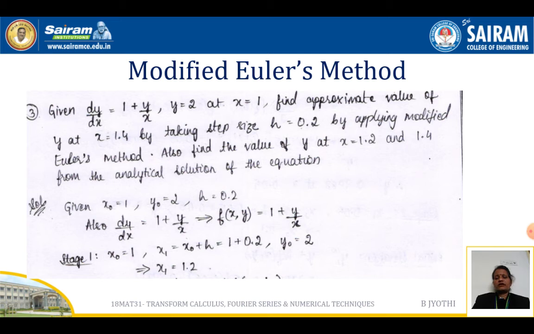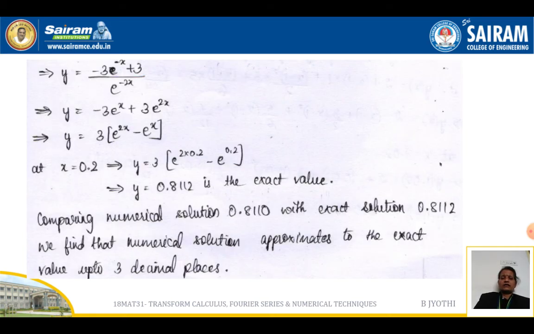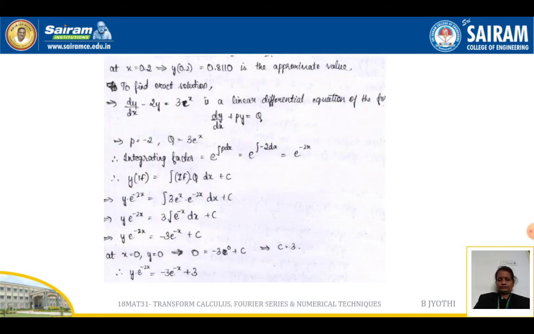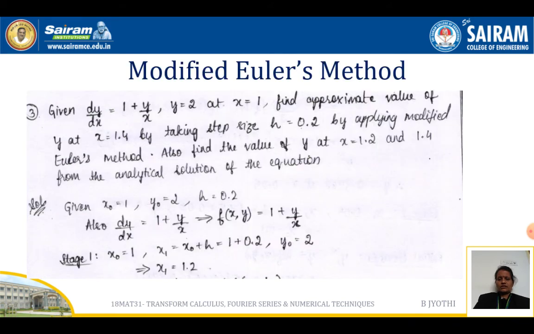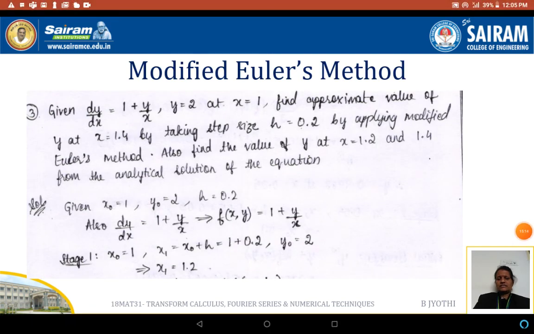So we need to compute it in 2 stages, because we have started with x value 1. We started with x is equals to 1, and with the step size of 0.2, we have to reach 1.4. That means in the first step we will be getting y of 1.2. Then one more step, and only then we will be getting y of 1.4.